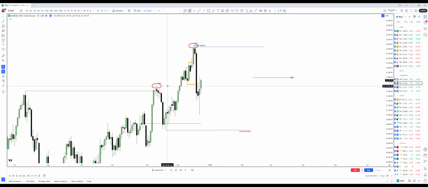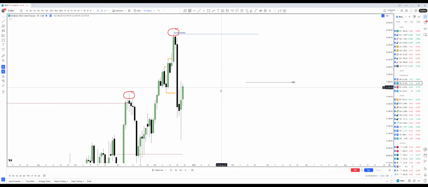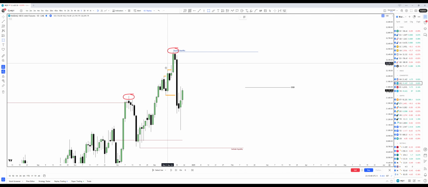This low is an intermediate term low. Why? Because price made a higher high and it came off of a fair value gap, an imbalance, and took out liquidity: short-term low, intermediate term low, intermediate term low on the lower time frame.